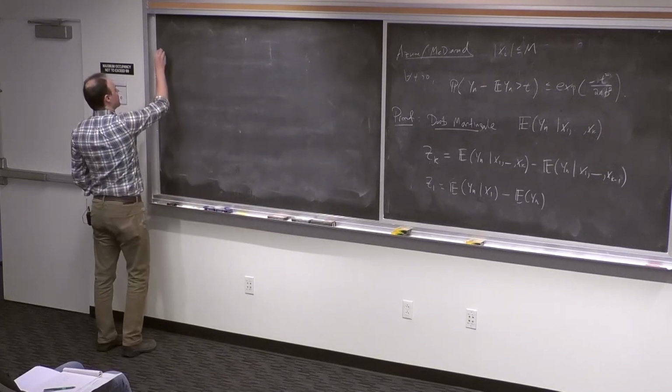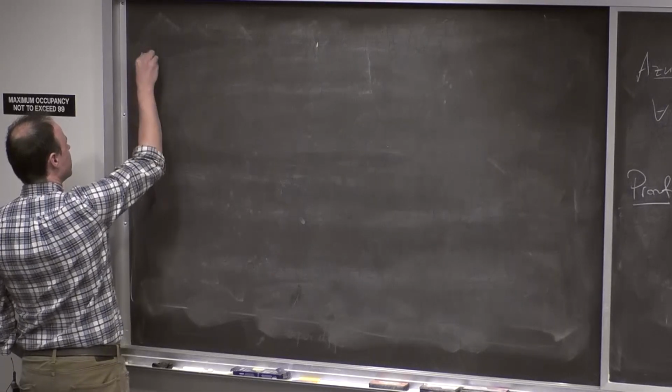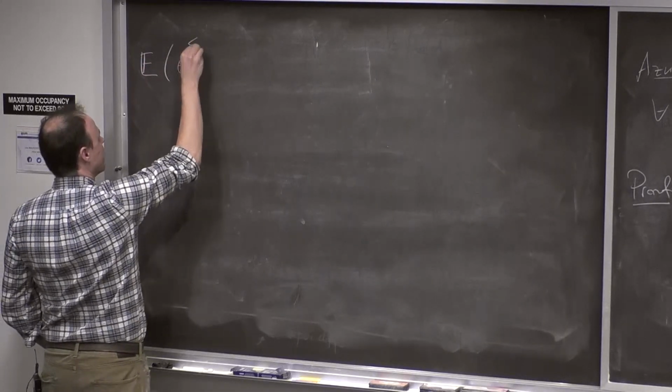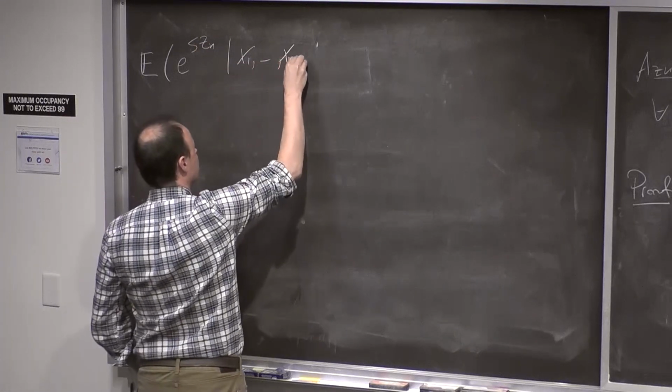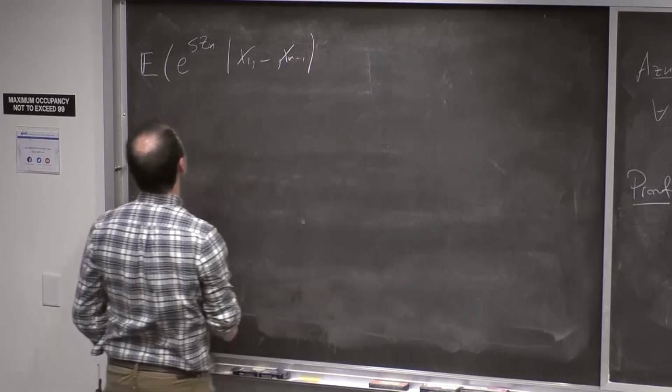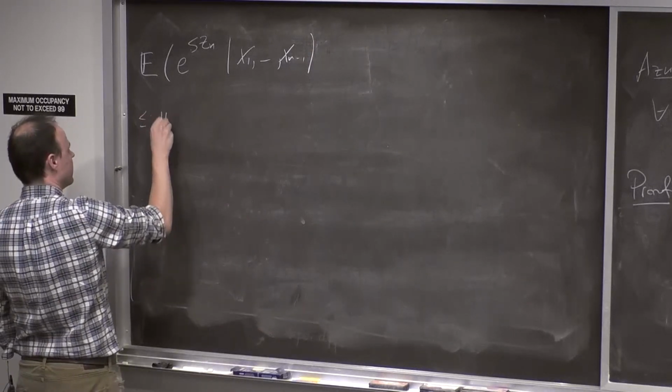So to bound this, we're going to have the expectation of e to the s Z_n given X_1 through X_{n-1}. We use the same trick, right?